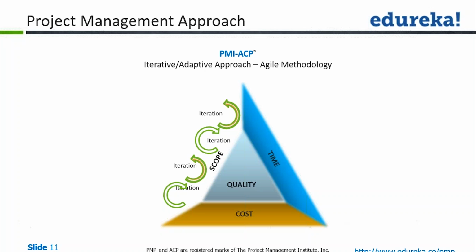In a traditional approach, it would be considered a change which would have to follow the change control process, but here it's a part of the process. So you will receive those inputs and incorporate them while planning for the next stage.